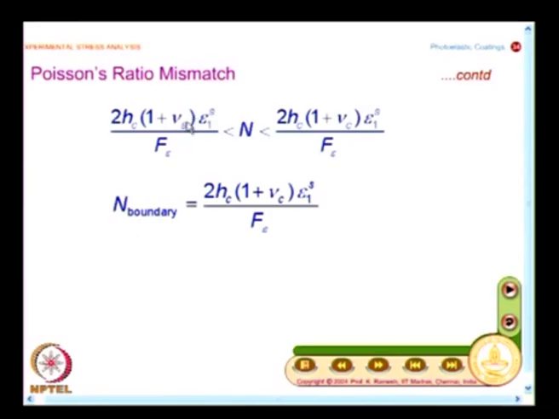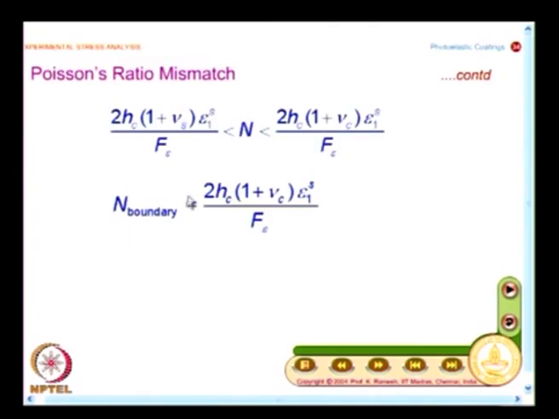So, in one case it may be controlled by the Poisson ratio of the specimen, in another case it can be controlled by the Poisson ratio of the coating. So, the n will have a range on the one end dictated by the Poisson ratio of the specimen, on the other hand it is dictated by the Poisson ratio of the coating.